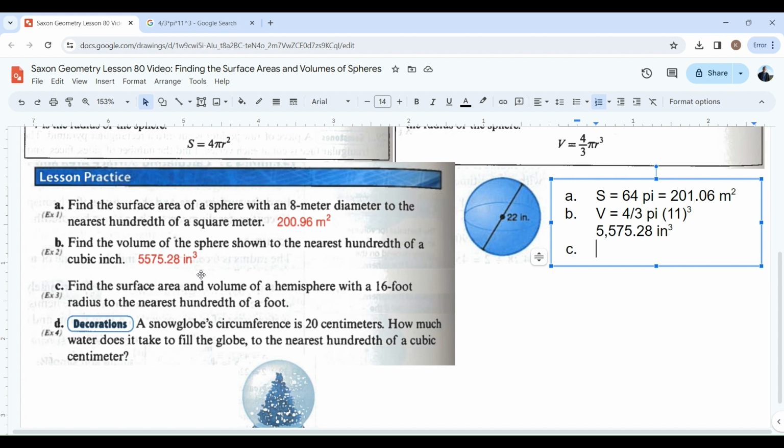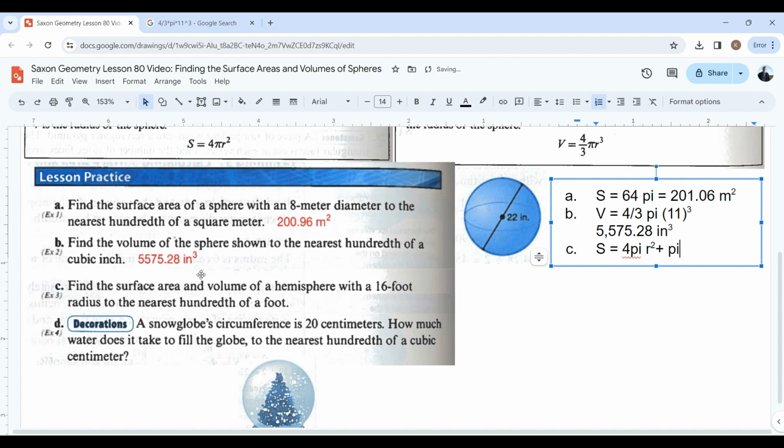All right, so a 16-foot radius to the nearest hundredth of a foot. So the surface area is going to equal, let's see if we get this right here. Surface area equals 4 pi r squared plus, and then I need to add an extra area of just the circle.